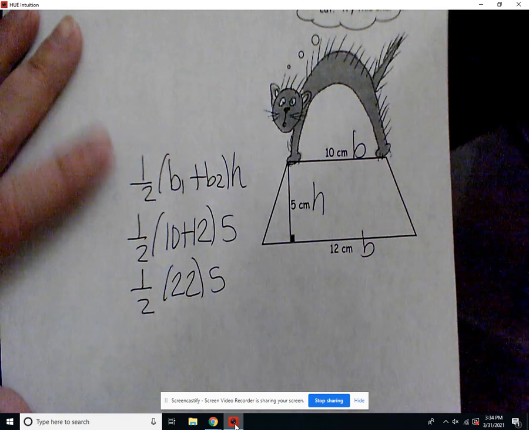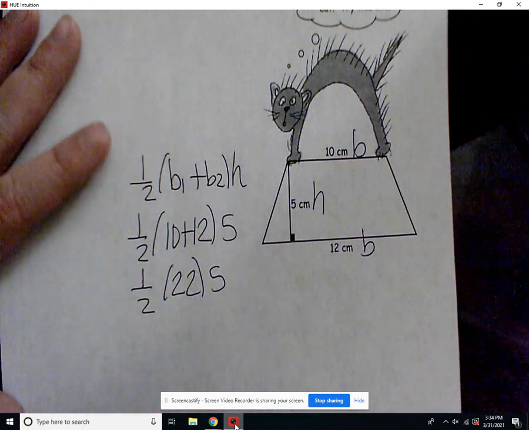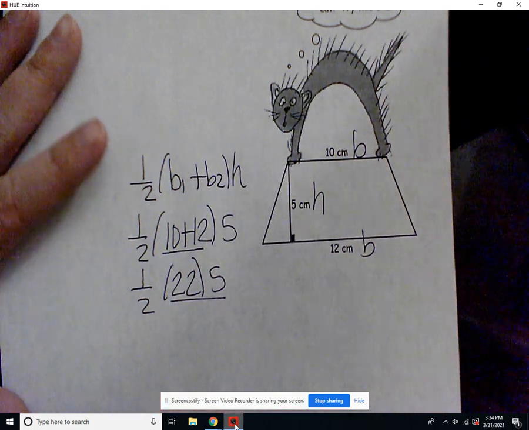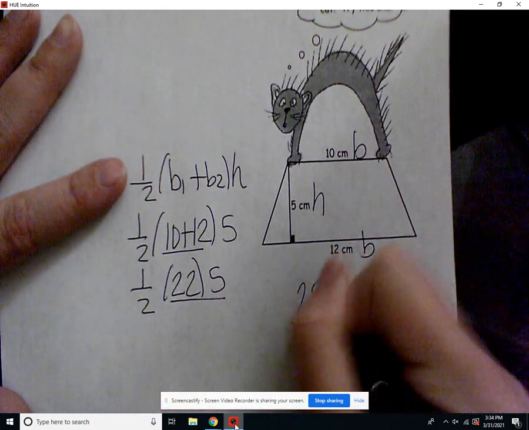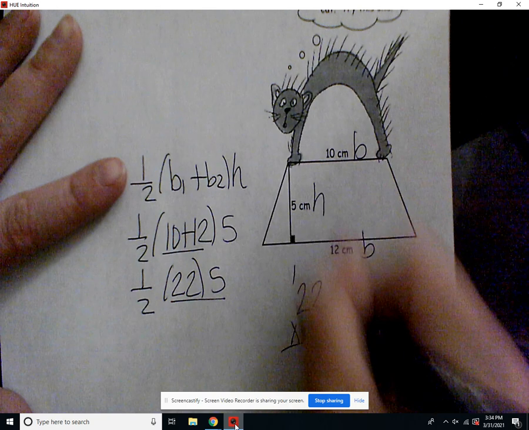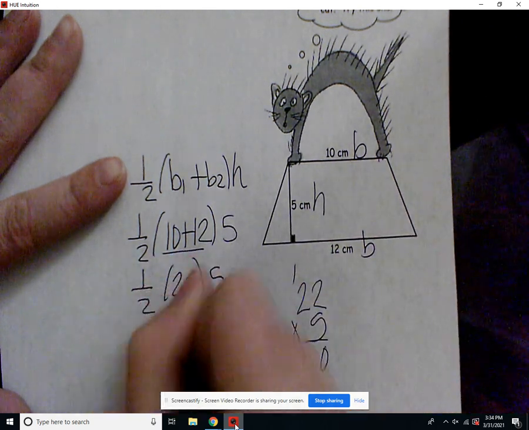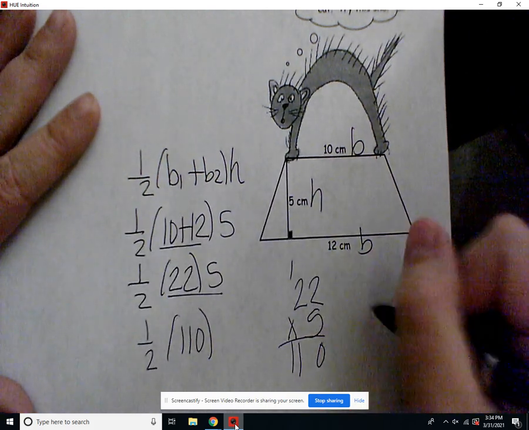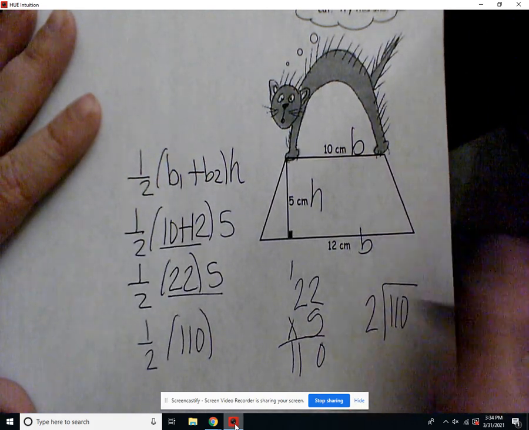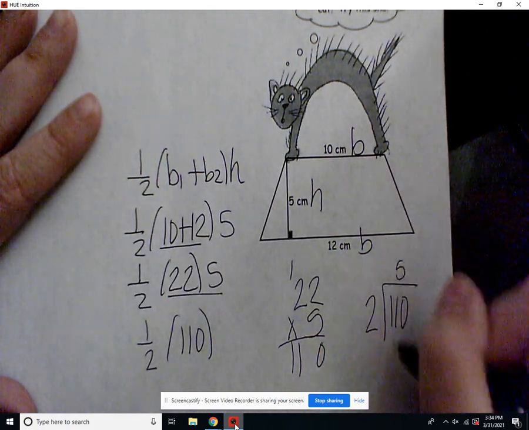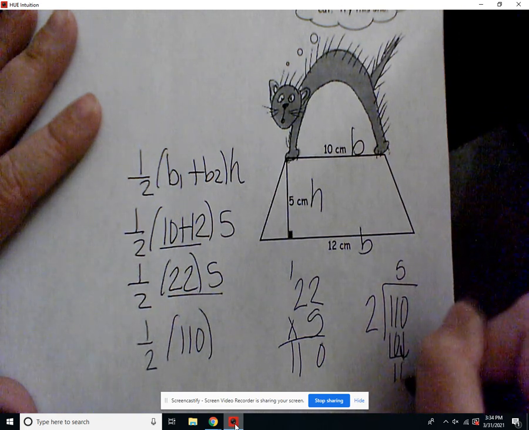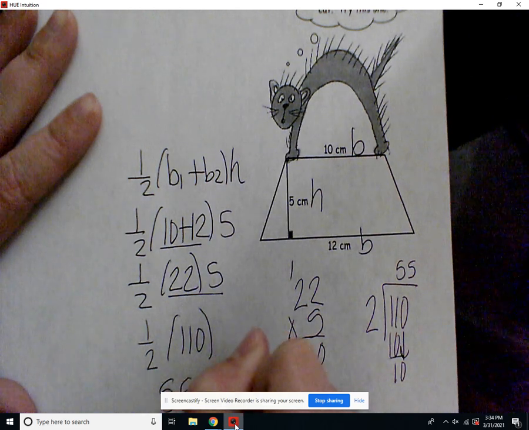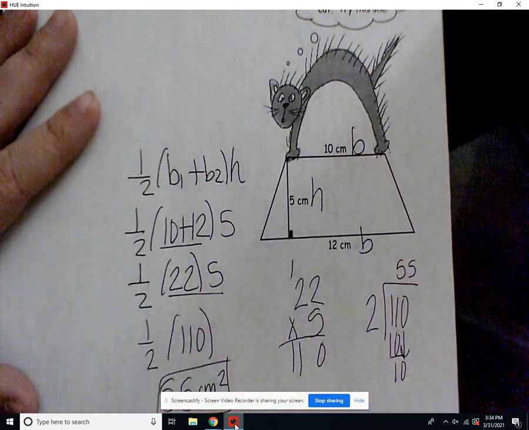And then now we're going to multiply. So it's kind of like PEMDAS. We're going in a certain order. We did the parentheses. Now we're going to multiply 22 times 5, which is 110. Then we're going to take 110 and divide that by 2. And we get 55 centimeters squared.